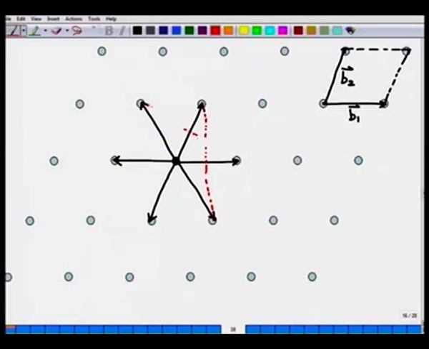For this line vector I have a perpendicular bisector going like this, and for this particular line I have a perpendicular bisector which will look something like this. So, now what is the smallest area that is enclosed? Let us draw that part. Here is the smallest area which is enclosed in this.